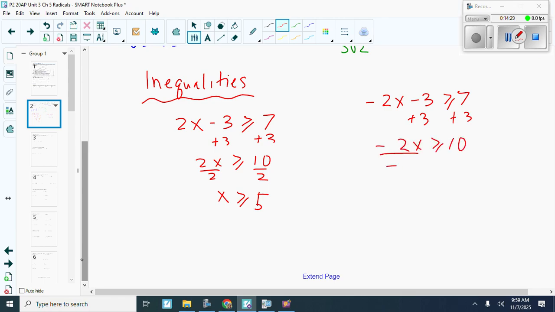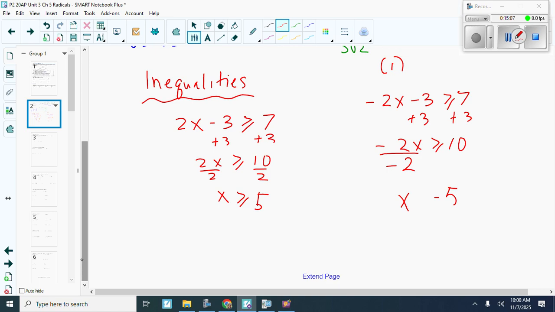We're dividing by a negative number. So x is going to be, is my inequality still true if it's greater than or equal to? Let's say, for example, I choose the number 1. If I subbed 1 in here, I'd have -2 minus 5. Is that greater than 7?